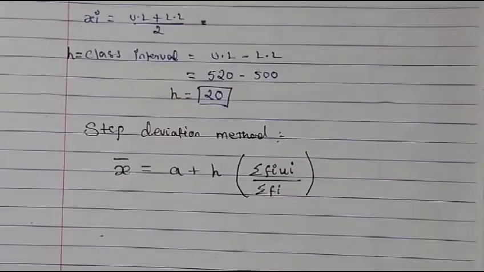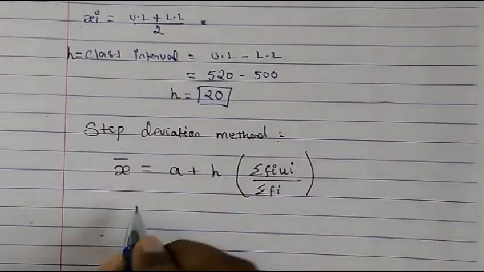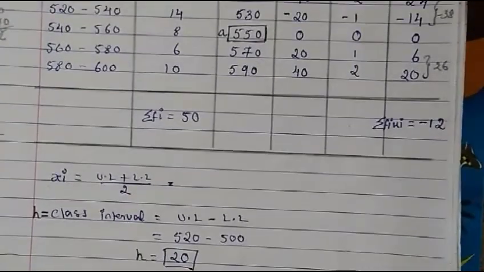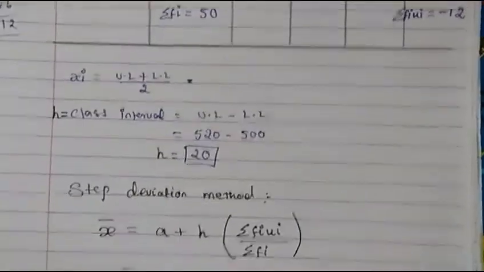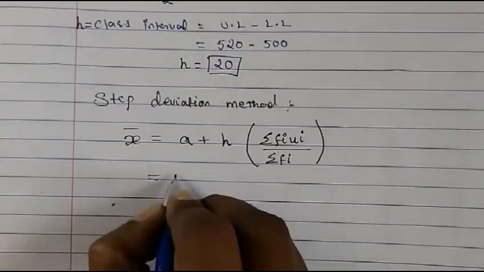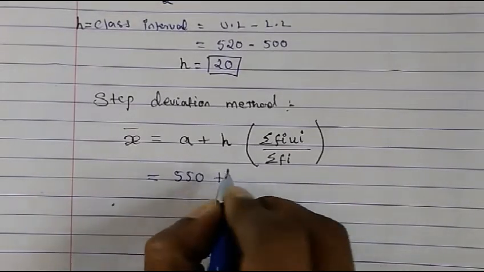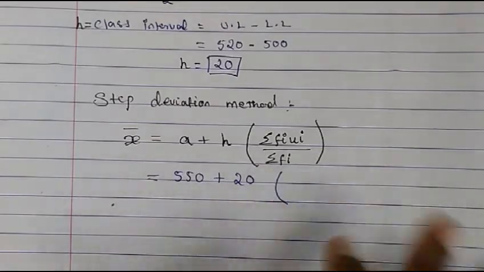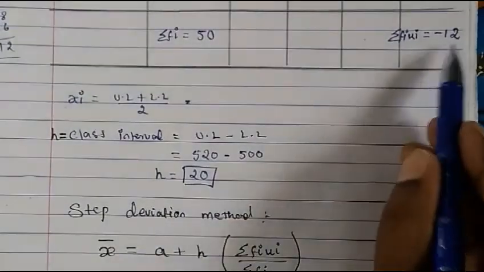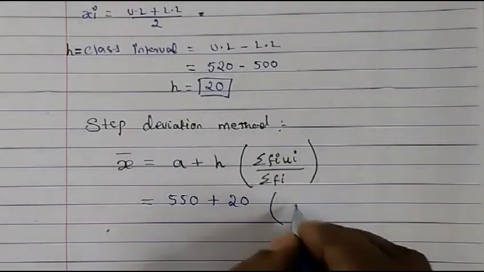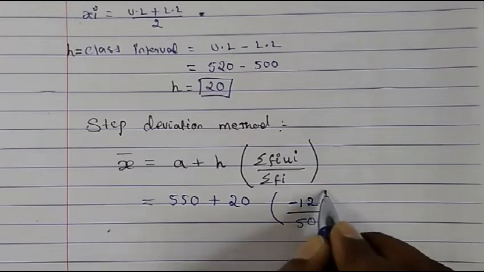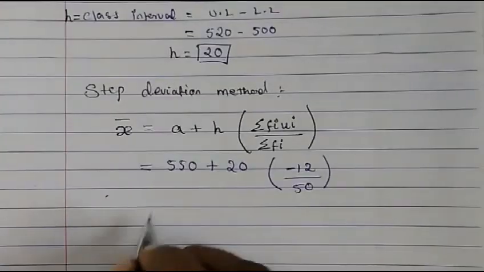So this is the formula. So we know the a value. So a is what? 550. H is class interval, that is 20. Then summation of fi ui is minus 12 divided by the total number of workers, summation of fi is 50. Okay.